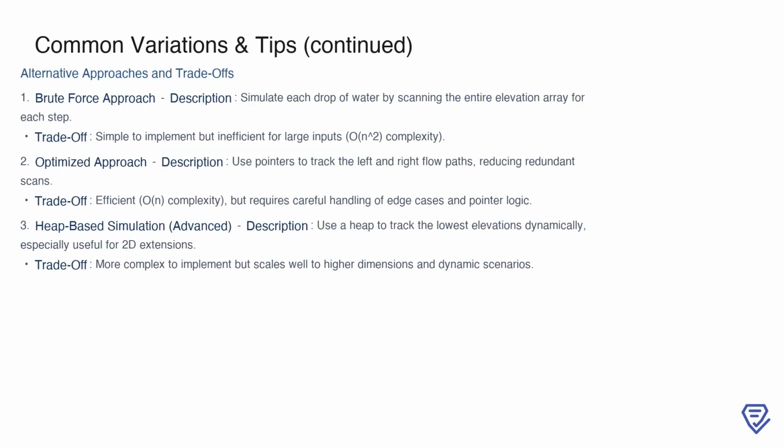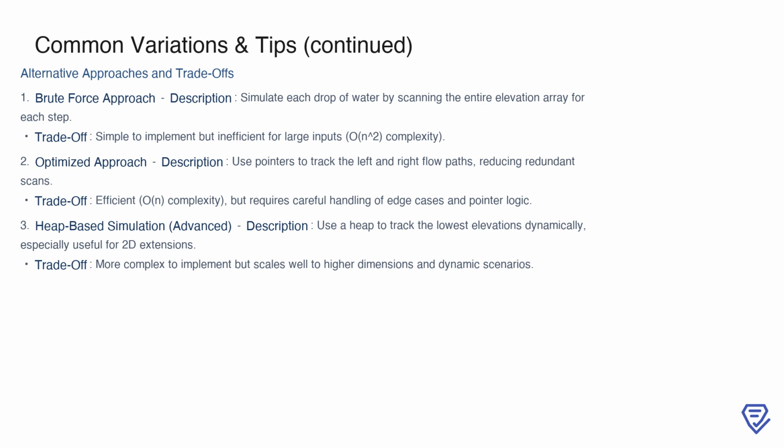There are multiple approaches to solving the pour water problem, each with its trade-offs. The brute force approach involves simulating each drop of water by scanning the entire elevation array at every step. While straightforward to implement, this results in O(n²) complexity, making it impractical for large inputs. A more optimized approach uses pointers to track the left and right flow paths, significantly reducing redundant scans and bringing the complexity down to O(n).